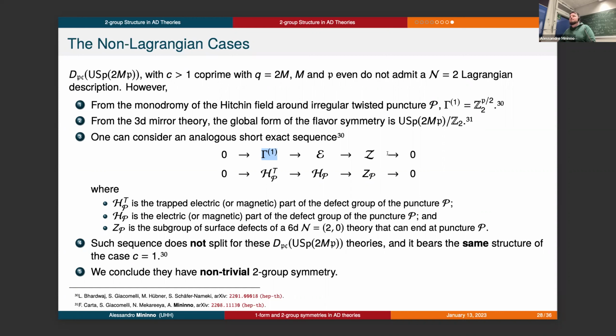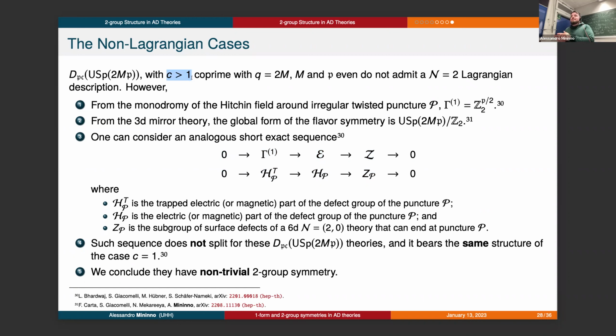Then you reinterpret the center of the flavor symmetry as the subgroup of defects that can end on the puncture, and the non-trivial extension is given by the total defect group at the puncture. And they show that this sequence doesn't split, and in this way we can also ensure that our short exact sequence for a non-Lagrangian theory, with C larger than 1, doesn't split.